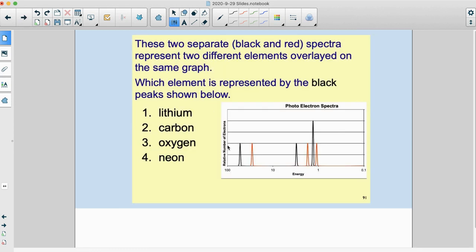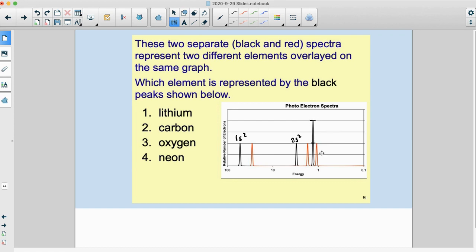Okay, let's look at an example. Here we have two spectra. One is black, one is red, and they represent two different elements. Which element is represented by the black peaks? Again, if this is a full spectrum, which we're going to assume it is, this first black peak is 1s2, then it's 2s2 here, and this next black peak is twice as high.